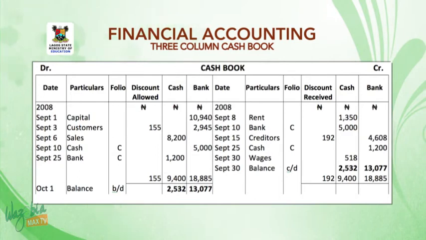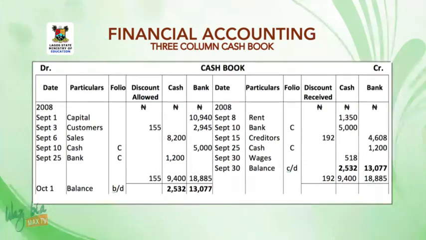On the 25th September, we withdraw cash from bank for business use. You discover this time around also that this is another contra entry. Money is going out from the bank and coming into the business as cash. So you record it on both sides. September 15, under the debit side, you write bank. You write capital letter C under folio on the debit side. And you write 1,200 naira under cash, which means that the cash comes into the business.